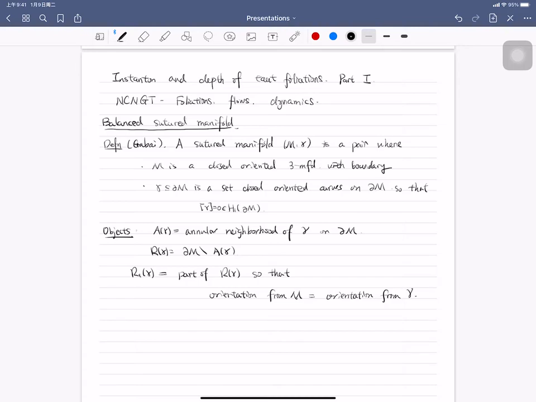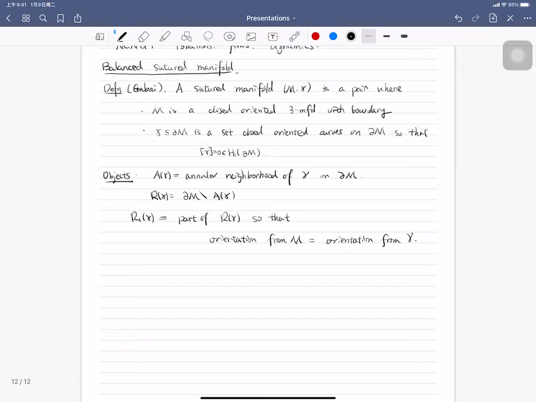Gamma will divide the boundary into two parts, and for each component of the complement of A gamma, we can compare these two orientations. One is from the suture, this gamma, and one is from the original three manifold. The three manifold is also oriented, and R minus of gamma is the rest.